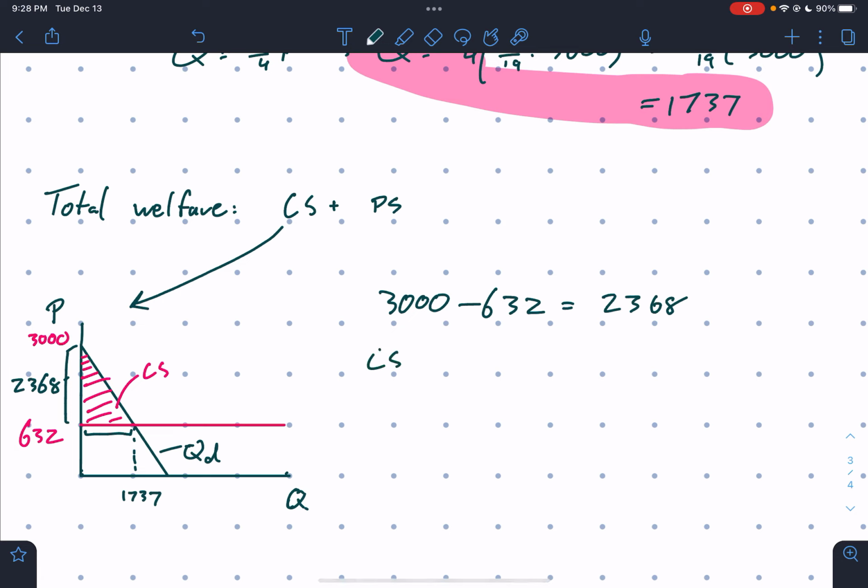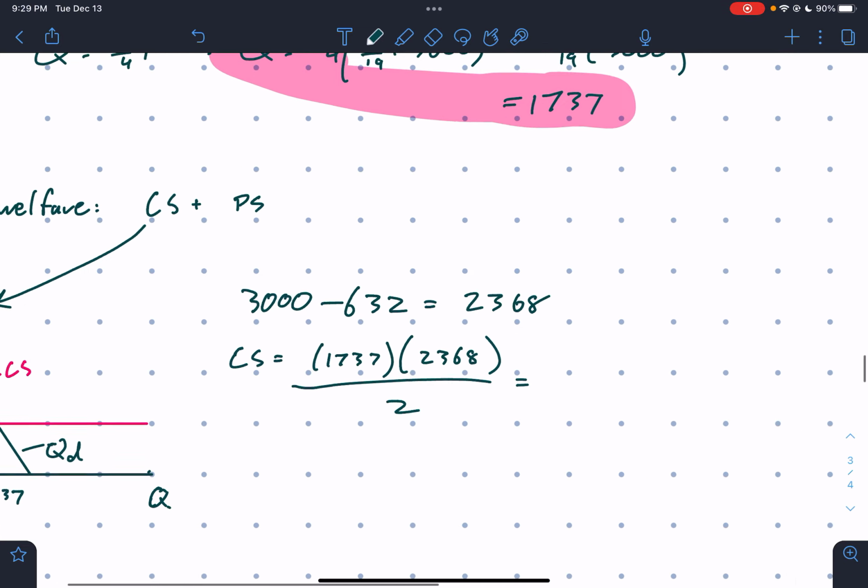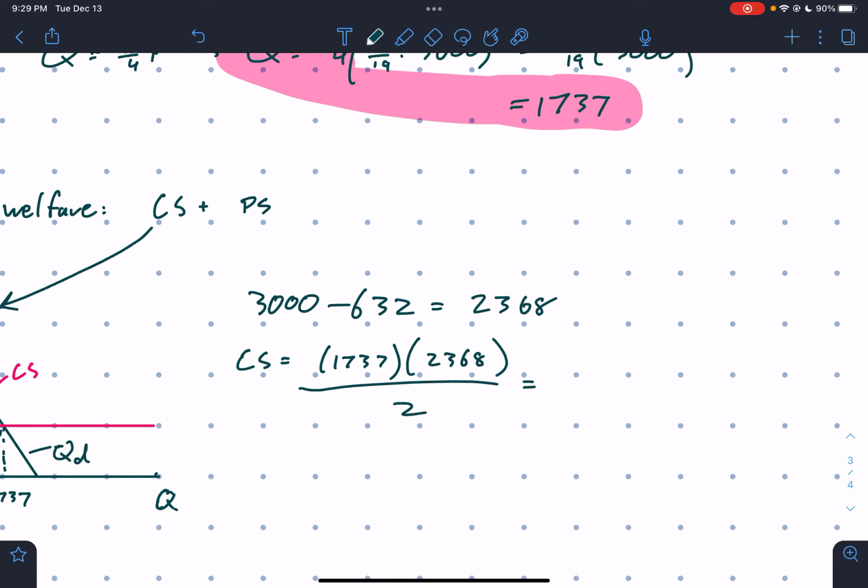So the consumer surplus is the area of this triangle. So it's going to be the base times height divided by 2. So it's 1737 times 2368 divided by 2. Here I'm going to quickly type this in.